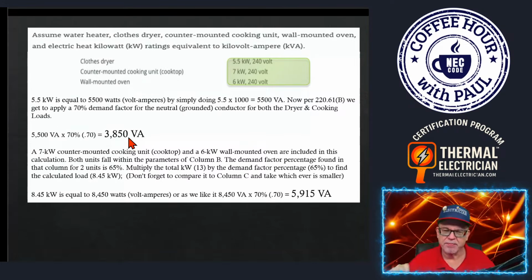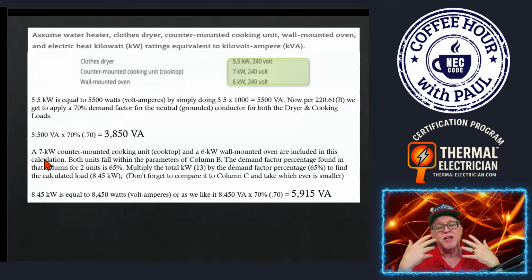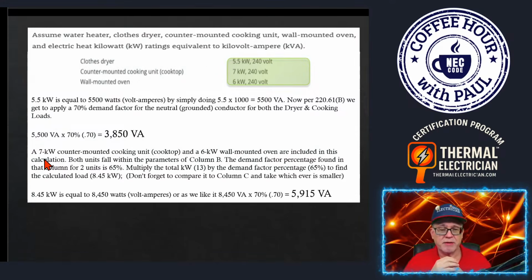So pop that in. The next is we're going to deal with that counter-mounted cooking unit and that wall-mounted oven. Now, remember in the standard method, and by the way, for those that say, hey, Paul, ranges confuse me, cooking appliances confuse me, do me a favor.